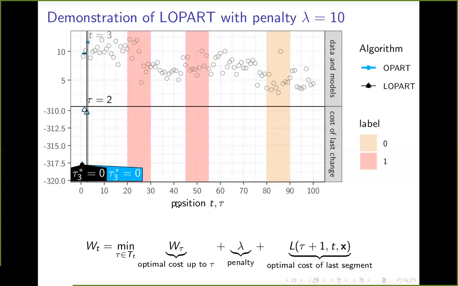Yeah, sure. What's the difference? I'm still not visualizing how W tau is different from that third term in the equation, the optimal cost of the last segment. Yeah, good question. So W tau is the cost up to tau, so that's the cost up to 2 here, if tau equals 2. But the optimal cost of the last segment, the L here, is just the optimal cost of this last segment, which is just hugging this last data point at 3.